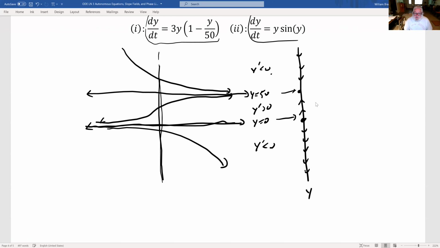Below 0, the derivative is negative. So this is a source or unstable equilibrium. Everything is running away from it. And this is a sink or a stable equilibrium. Everything is running in towards it. Things are sinking into here. They're starting out from there. So this is the phase line, and it encapsulates this entire thing.